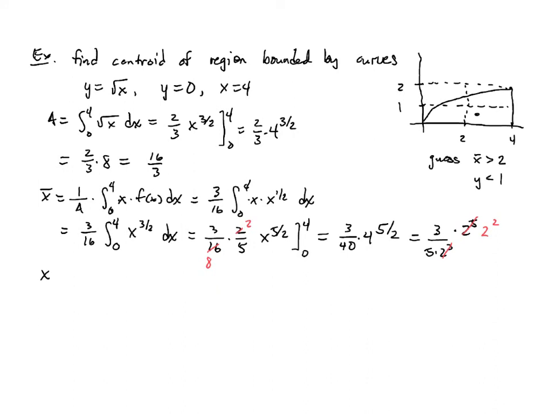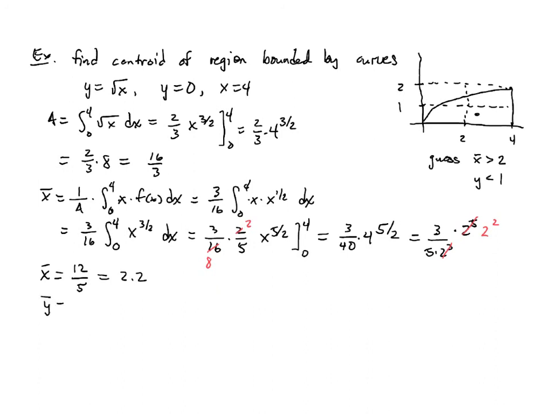So x bar is 3 times 4, which is 12 over 5, and that simplifies to 2.4, which is slightly larger than 2, as our guess allowed us to believe.